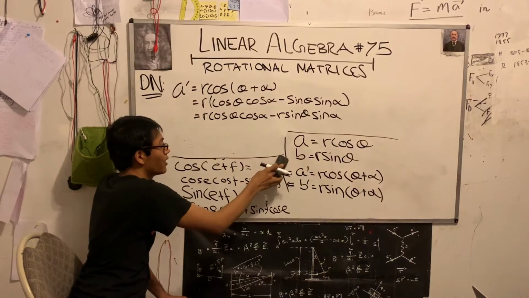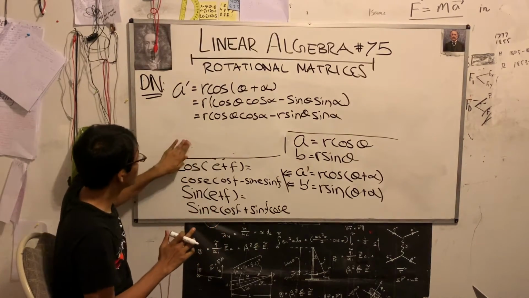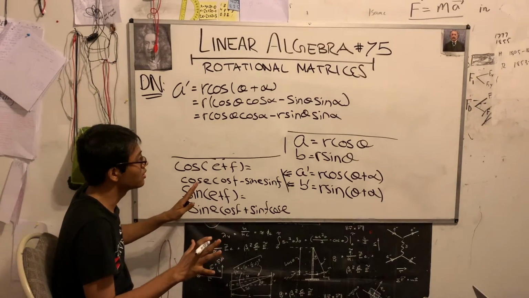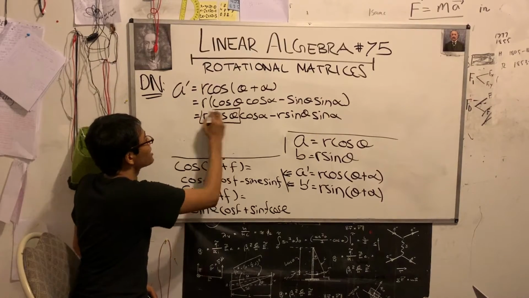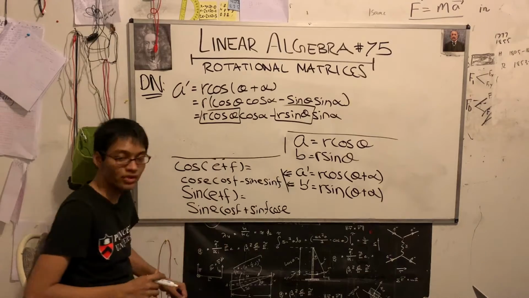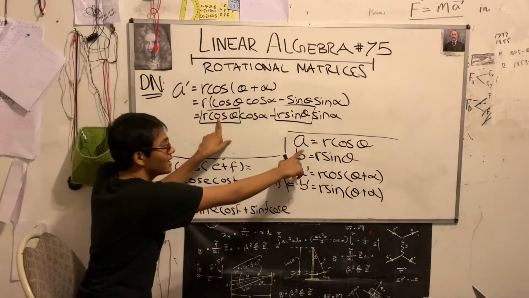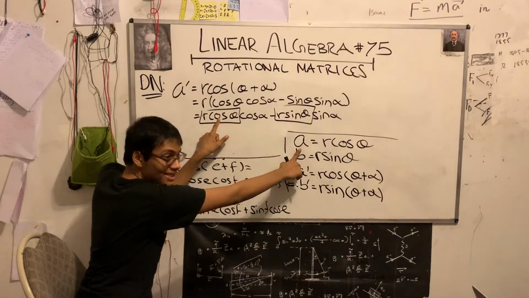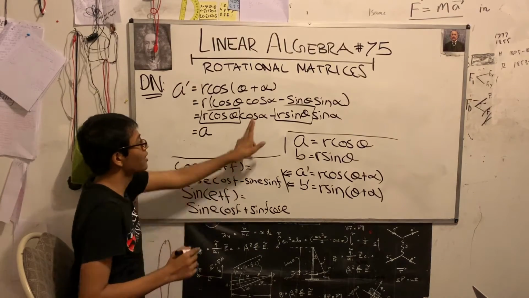So, what have we got here? If you look carefully, you should be looking at a very nice substitution. And what is that? Well, look at this: r cosine theta, r sine theta. Have we seen this before? Yes, we have. r cosine theta is, as a matter of fact, just A. So instead of r cosine theta, I can just write A cosine alpha.